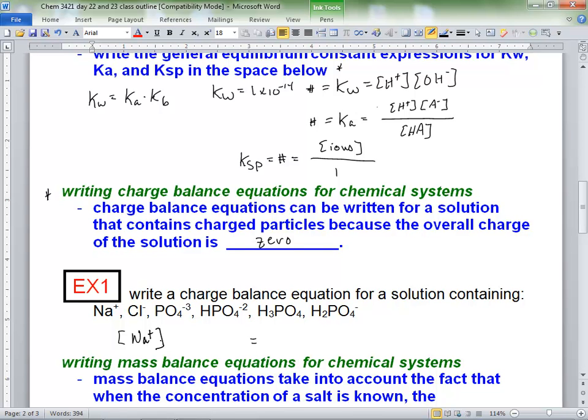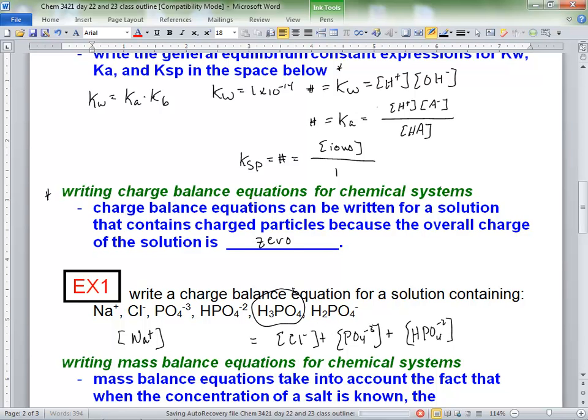Well, that's my only cation. Phosphate. And hydrogen phosphate. And oh, does this have a charge? Nope. So he doesn't go in there, right?